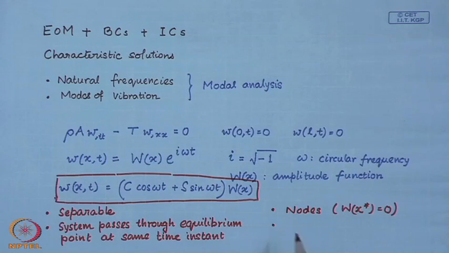The fourth property of this solution structure is that the phase difference between any two points of the system is either 0 or pi.